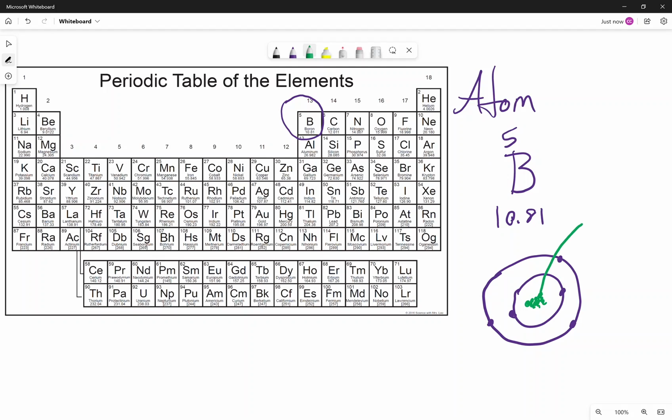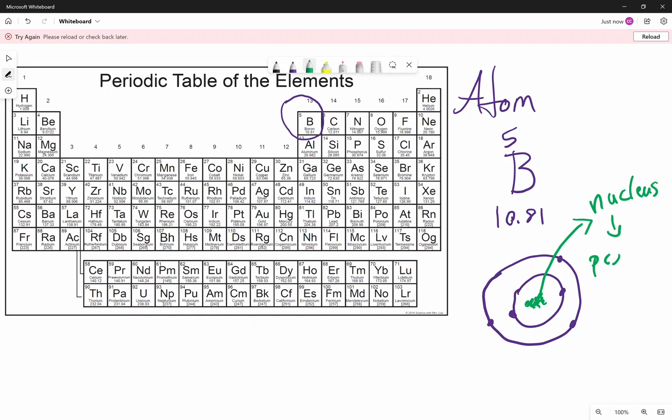This middle part of an atom, we call that our nucleus, and that is made up of our protons and our neutrons. And then in an outside cloud away from the protons and neutrons, we have our electrons.